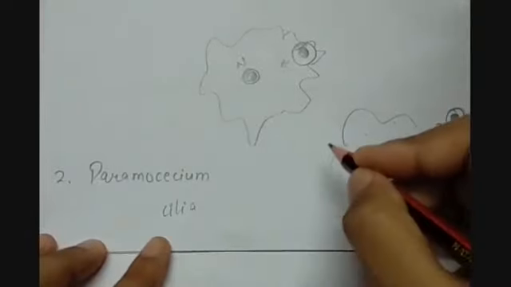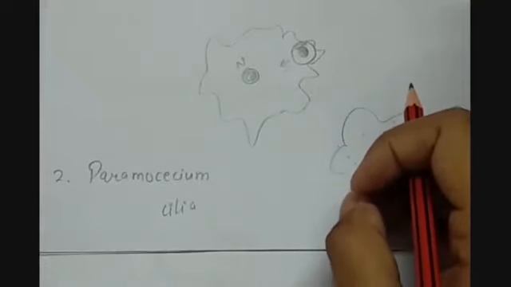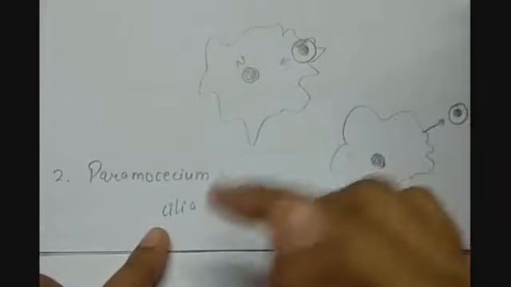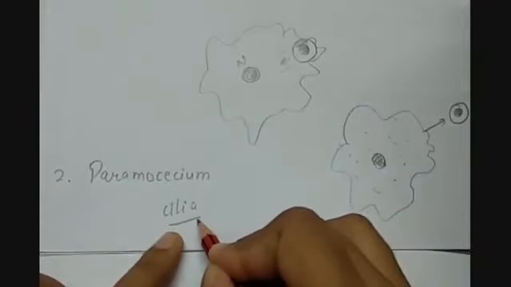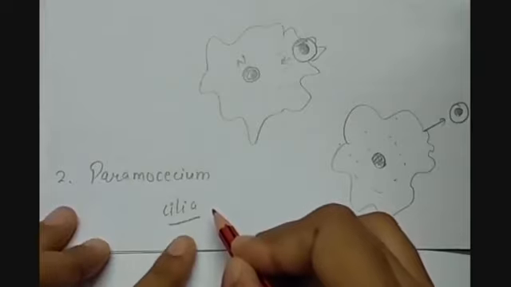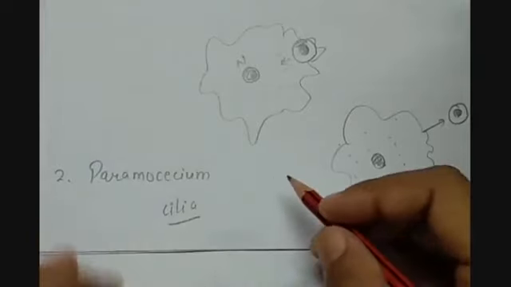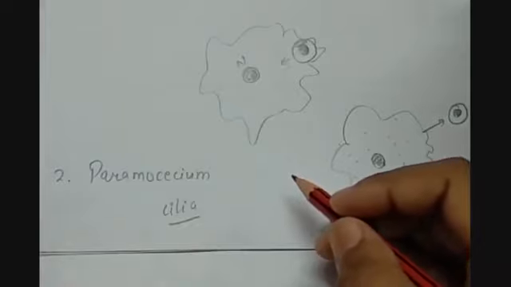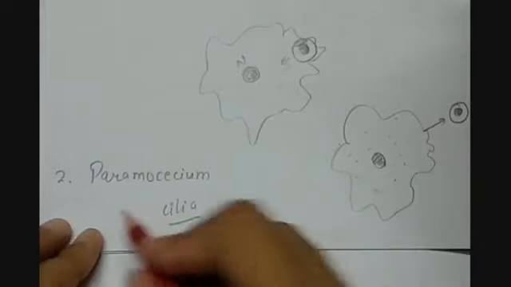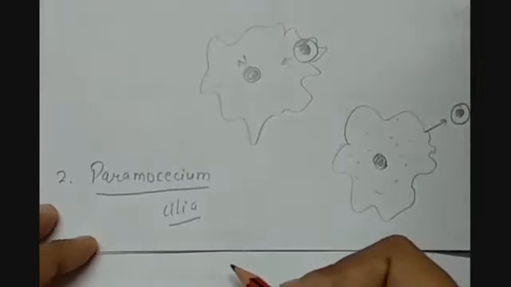So in the case of amoeba, we had the pseudopodia which captured the food. Here we have the cilia which move the food to a particular spot where the food is digested or broken down, and then the nutrients are absorbed in the cytoplasm of the cell. So that's how nutrition in another single-celled organism takes place.